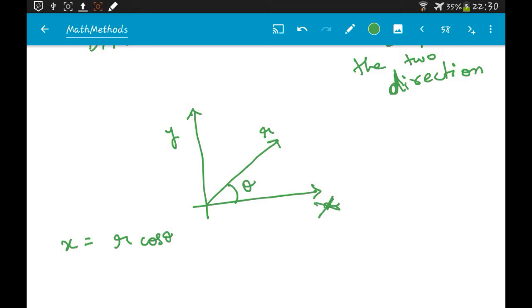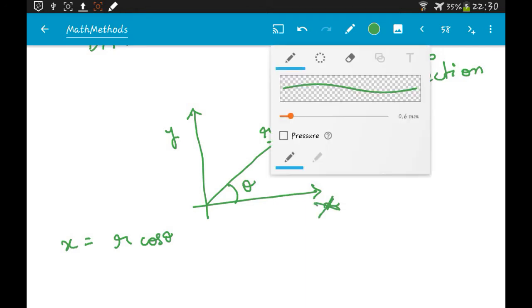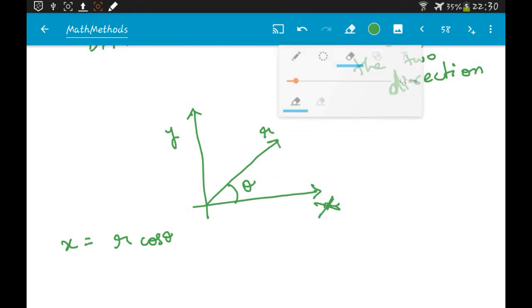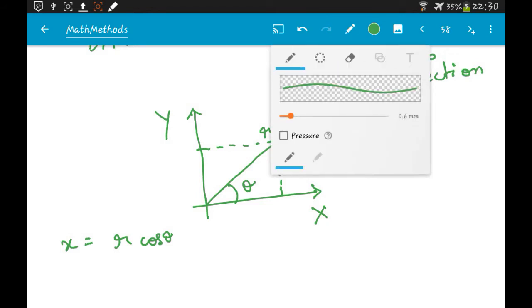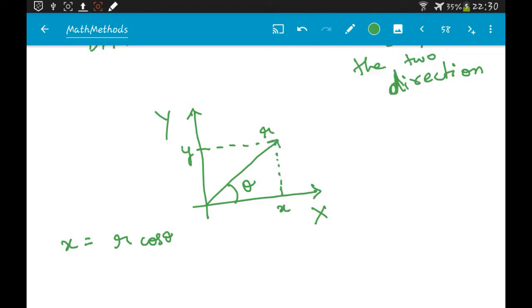So let's say this is capital X, this is your x dash, this is x, and this is y. So x is basically r cos theta and y is equal to r sin theta.